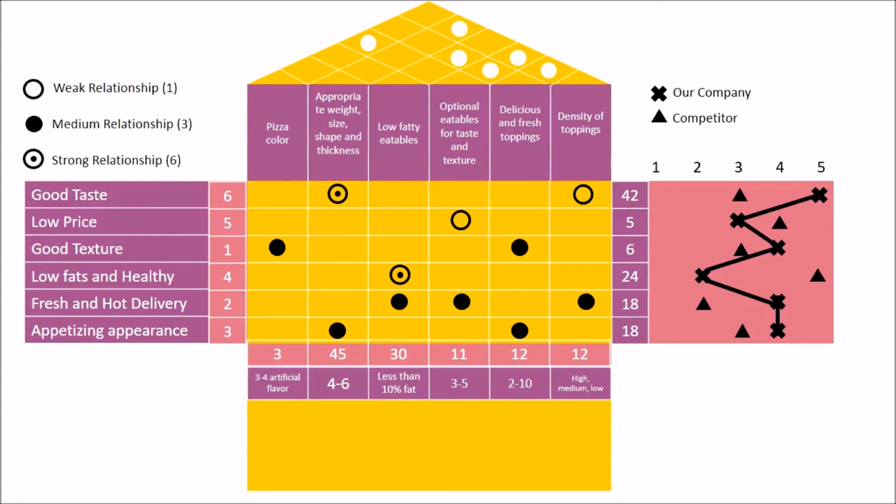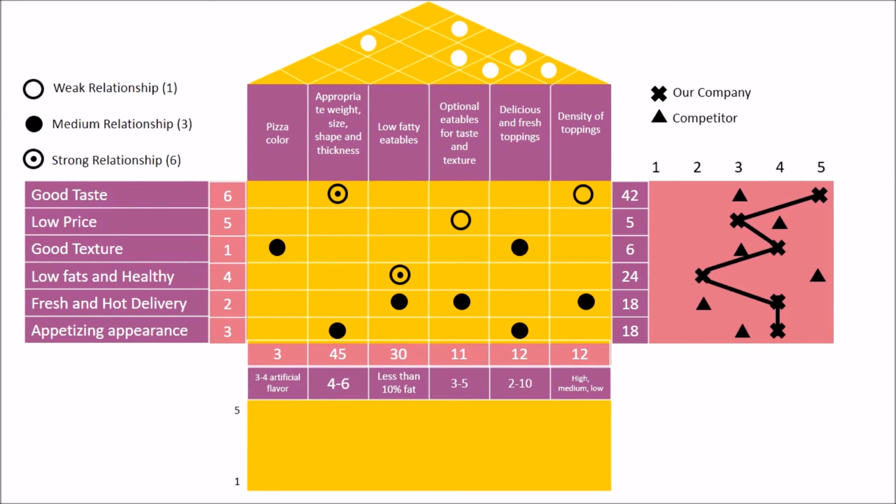For the evaluation, we are first going to have our ratings on the left from 1 to 5. And now we are going to see how well we achieve these targets by marking between 1 to 5, where 5 is achieving them best and 1 is not achieving them or achieving them to a very small extent.